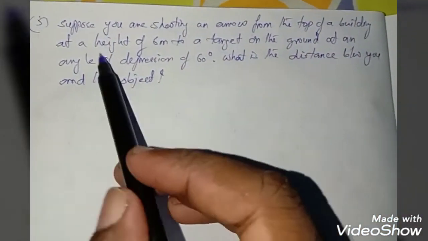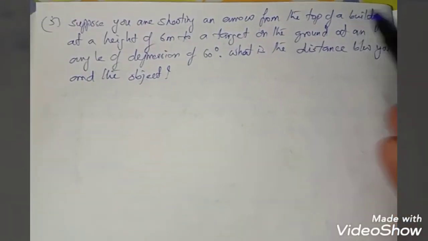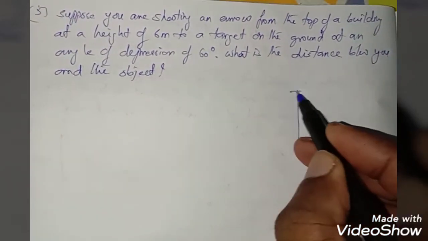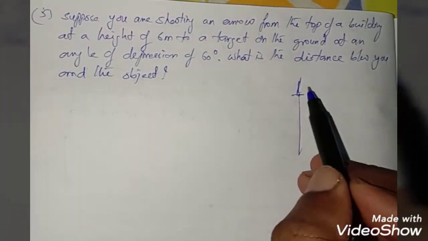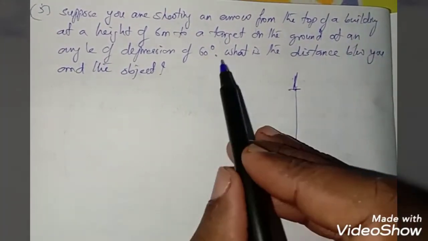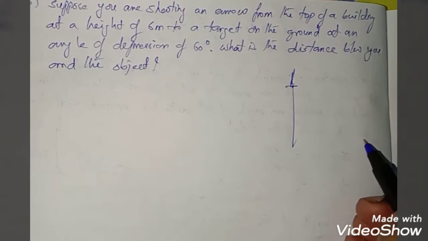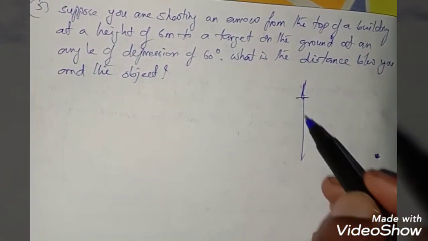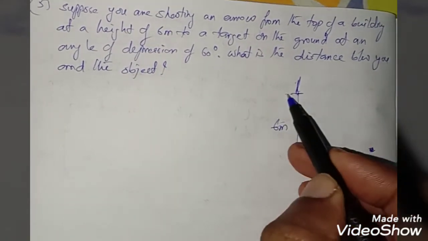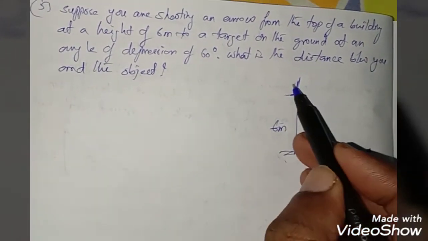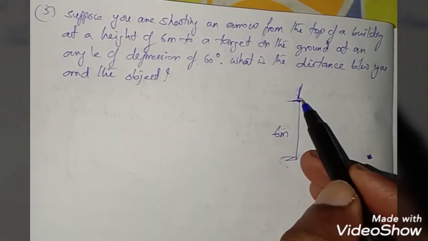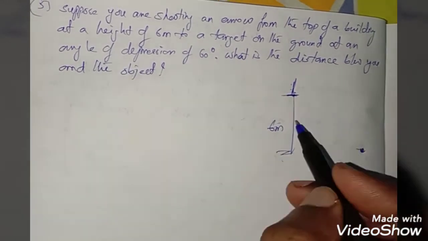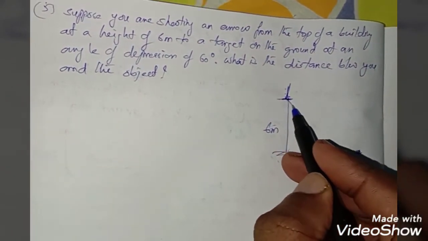Okay, now see our next question is, suppose you are shooting an arrow from the top of a building. So here you have a building, on the top you are standing and you are shooting an arrow to a target on the ground at an angle of depression of 60 degree, where the height of the building is 6 meters till here, and from here we are shooting an arrow to an object which is on the ground.